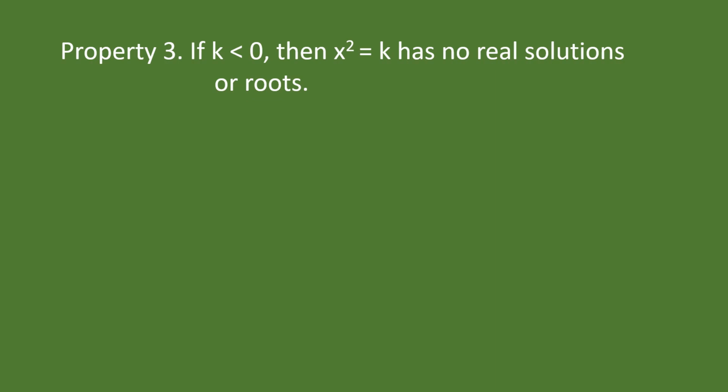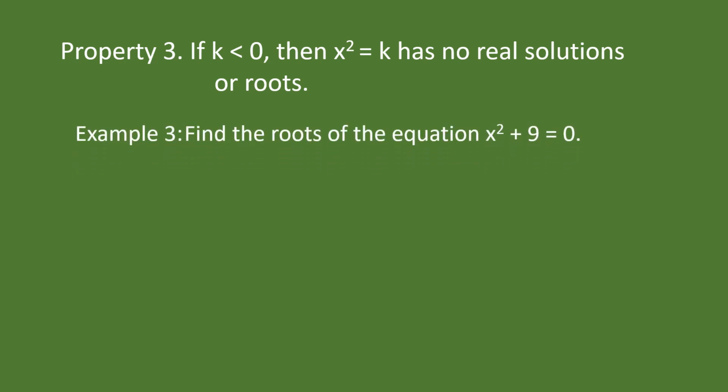Property 3. If k is less than 0, then x squared equal to k has no real solutions or roots. Example, find the roots of the equation x squared plus 9 equal to 0. X squared plus 9 equal to 0. Using the addition property of equality, we add the additive inverse of positive 9 to both sides of the equation, which is negative 9.